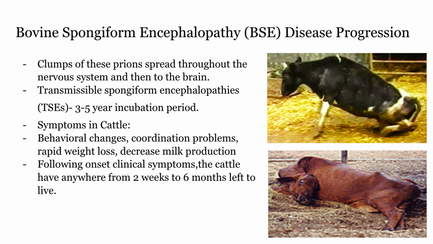Basically, once these symptoms start, if you think about it, the incubation period of these prions affecting all these proteins in their nervous system and brain is ongoing up their spinal cord, up to their brain for years. So by the time it's up to these animals' brains, it's too late. The symptoms are so sudden in onset that the cattle usually only have anywhere from 2 weeks to 6 months left to live before it kills them.